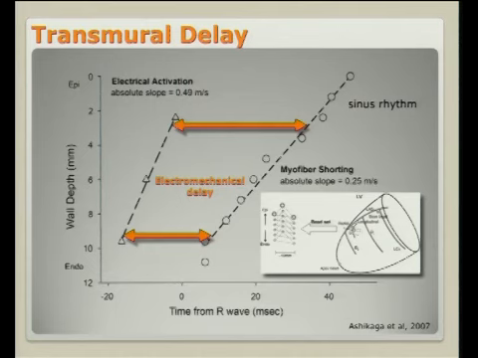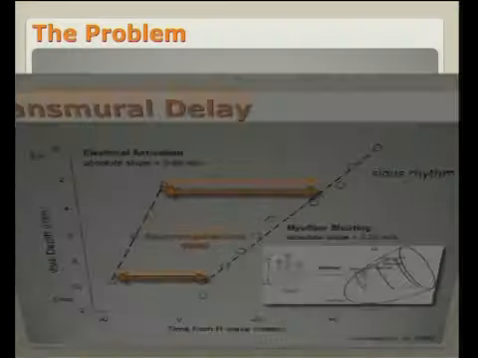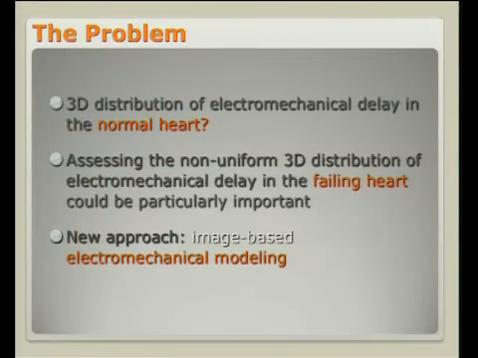So from these studies, it is clear that in the transmural direction, although it's only at one location, and also from the epicardial studies, as well as from studies from Andrew McCulloch's group, where they have looked at simulation results, there is this electromechanical delay in the heart that could be distributed quite non-uniformly.